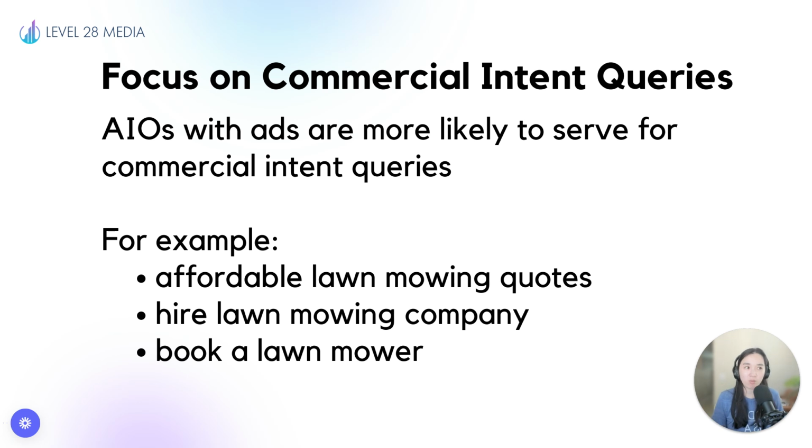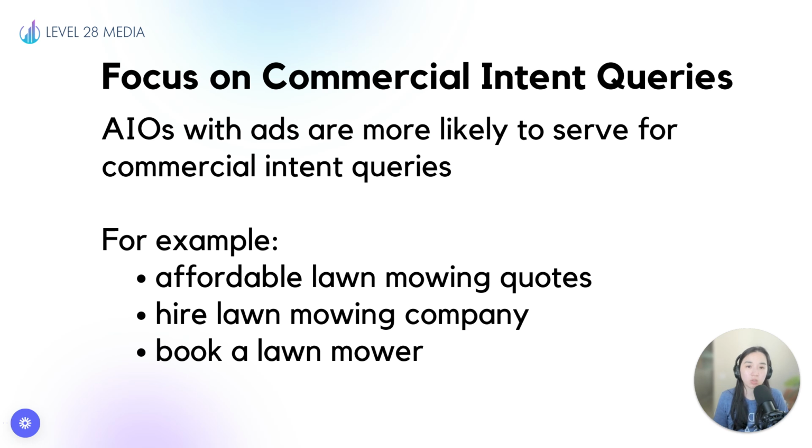But usually I see AI overviews typically appear on more awareness-based, consideration-based queries. Like, for example, what is the best time of year to be mowing my lawn? What is the best type of grass that I could be using if I want to save on irrigation?